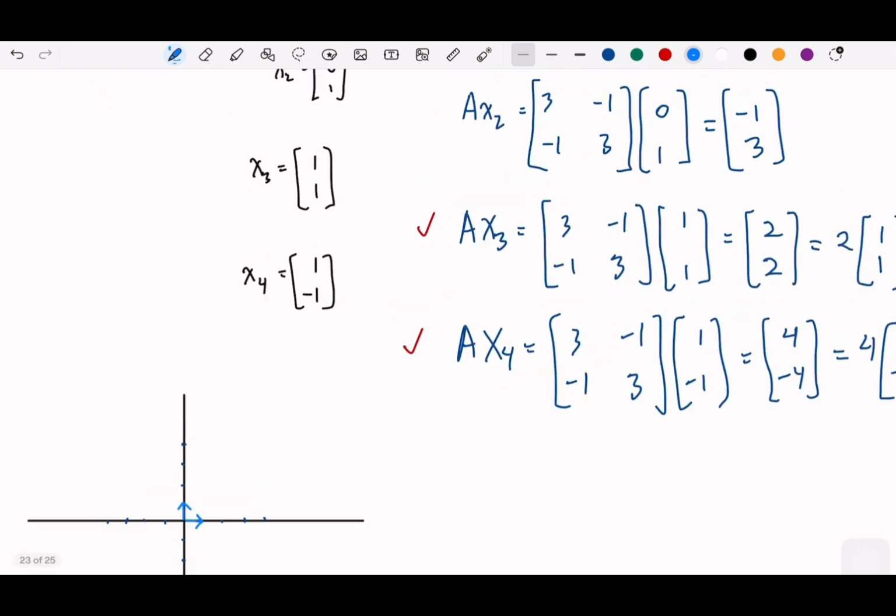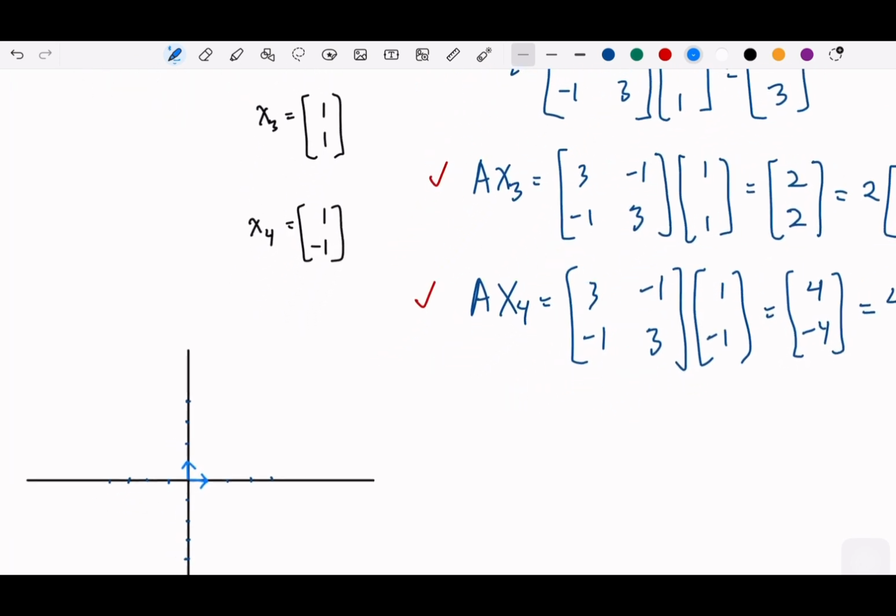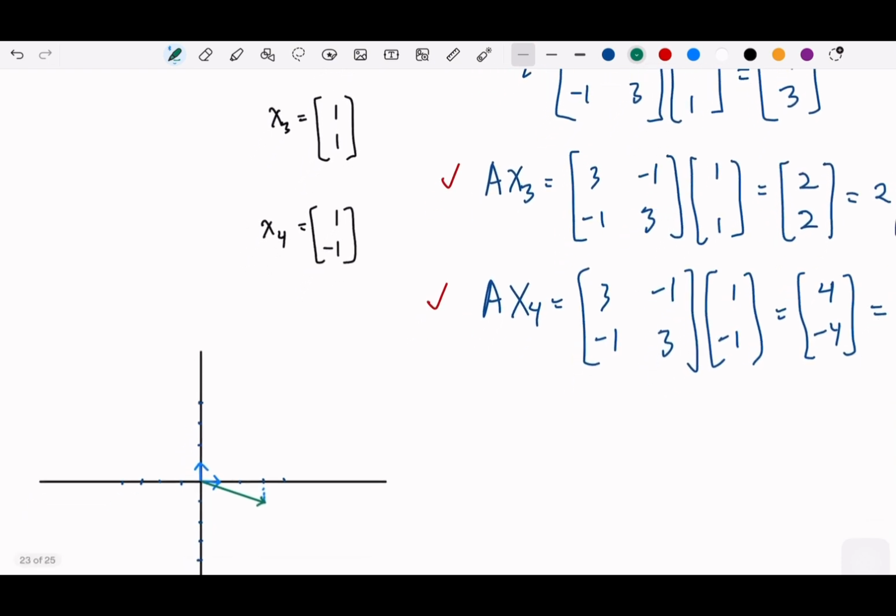Then if we multiply, the result is [3, -1], which is here, 1, 2, 3. We'll draw it with a different color, and the other one will be [-1, 3], which is here.